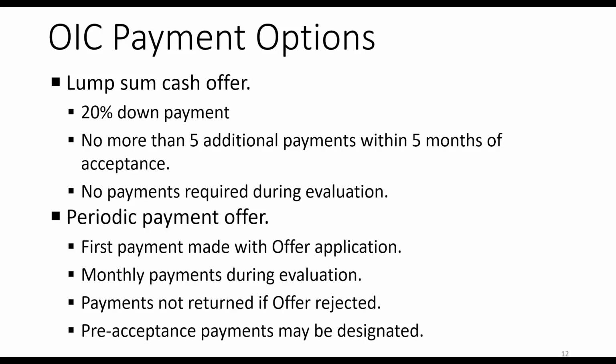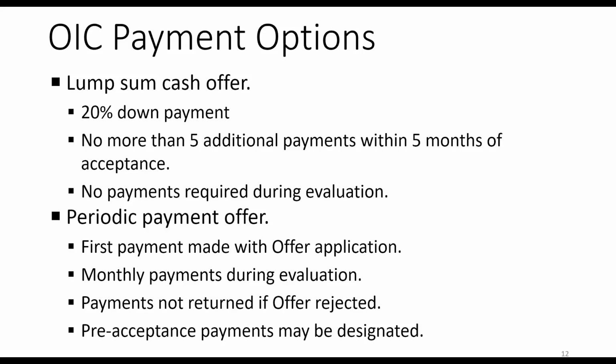So if it takes them 1.5 years and your client's been making 18 months of payments, they don't get that back. In this case, any payments made prior to acceptance, you can actually designate to which year or taxes you want them applied.